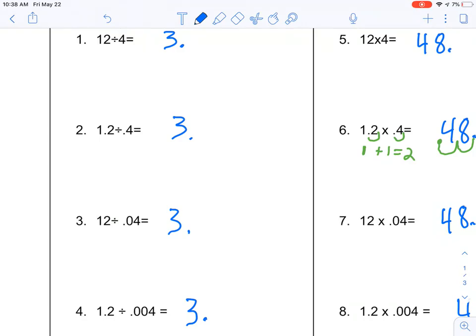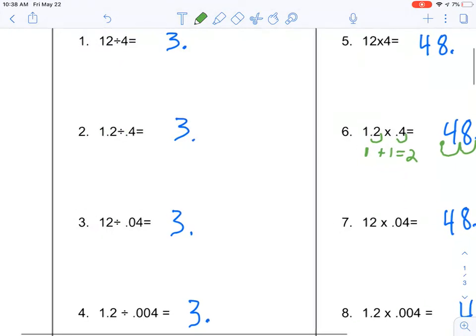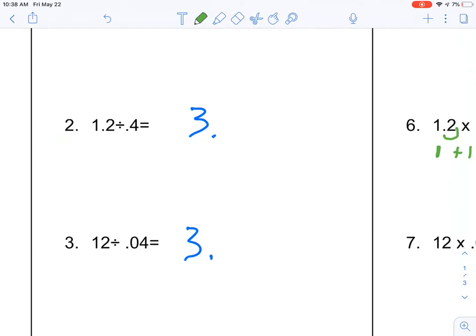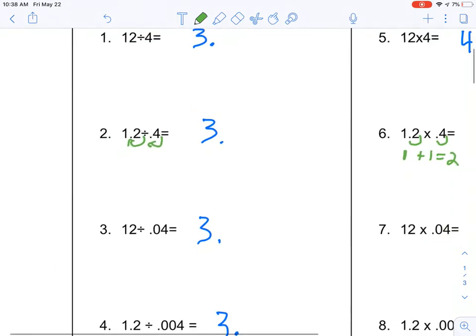Okay, good. So let's go ahead and we have the same exact equation, but it's division. So let's see what's happening here. In this problem, the decimal is moving one place forward on both of them. Now here's where the trick lies. Pay close attention to this. When we divide, instead of adding the decimals, we do what? We subtract them.